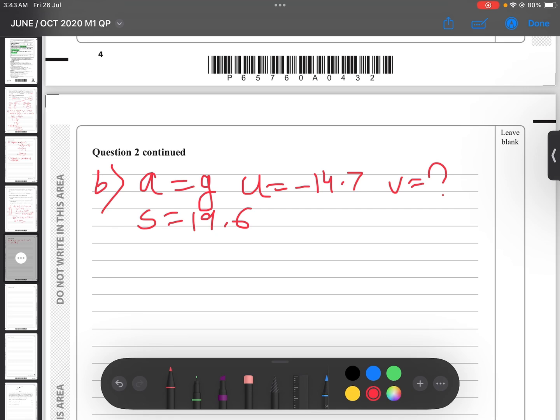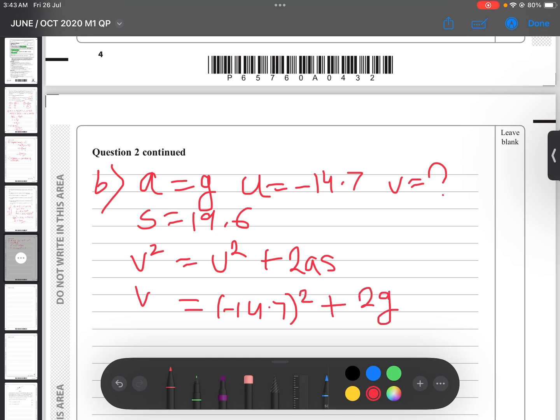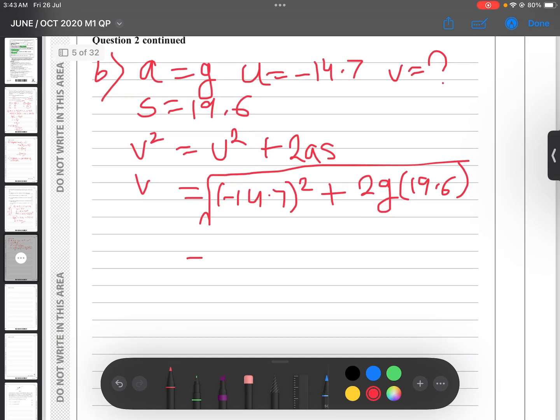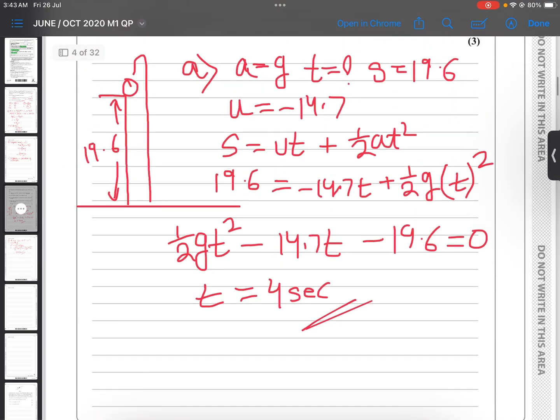Now we can use the SUVAT equation: v squared equals u squared plus 2as, where v is what we are looking for. u is minus 14.7 squared plus 2g, s is 19.6, and this whole thing is going to be rooted. Simplifying this, we get the answer as 24.5 meter per second. And that is the answer for part B.